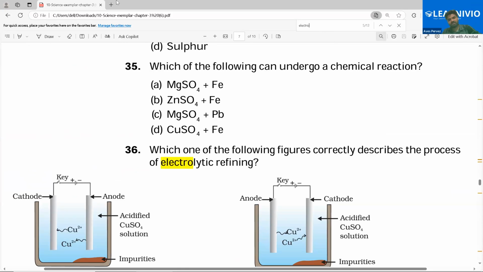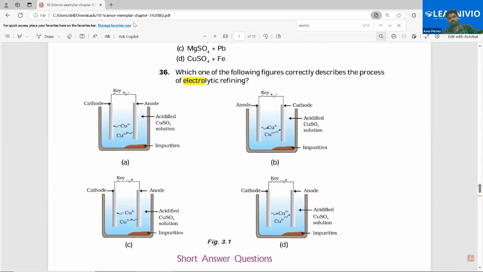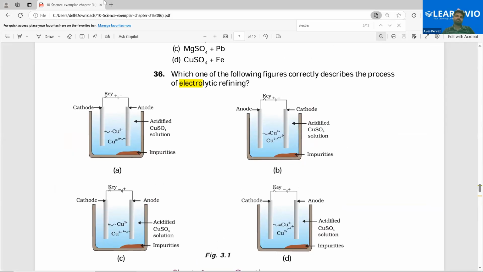Which is the correct one here? A, B, C, D. C. Why is A incorrect?